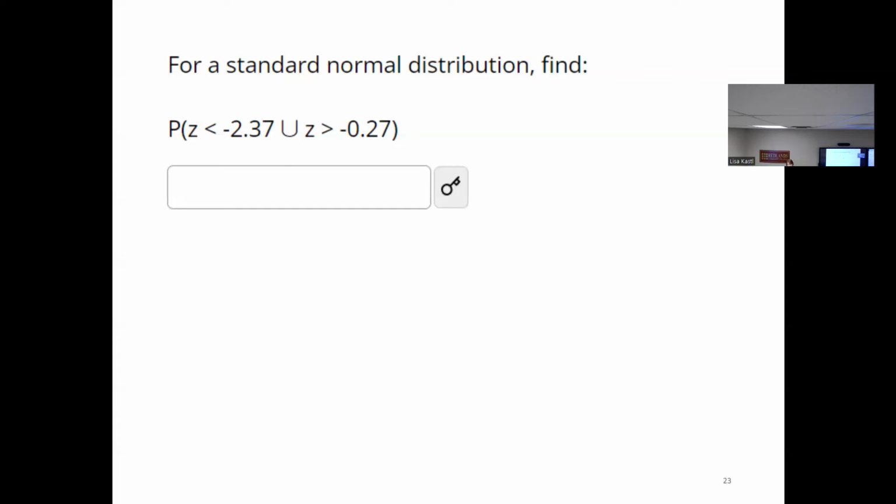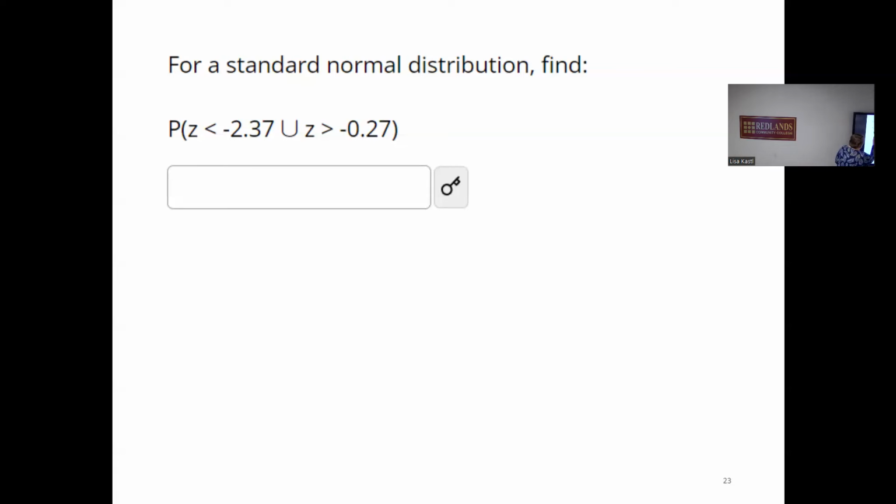But this problem, I am huge about drawing pictures of what we're doing. I believe that if you're going to find the probability, you should draw a picture of your normal distribution before you go to your calculator and calculate the probability. That's my belief.